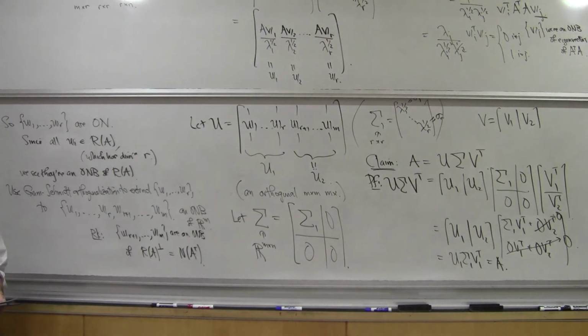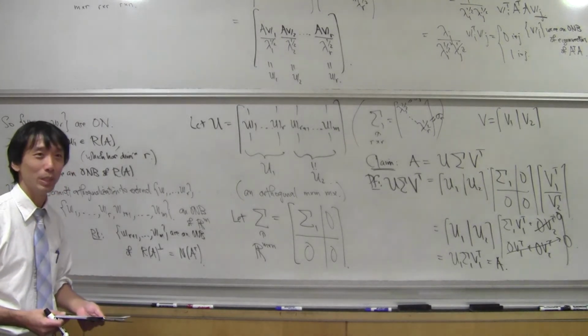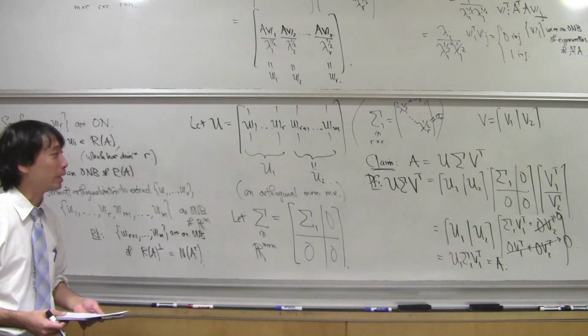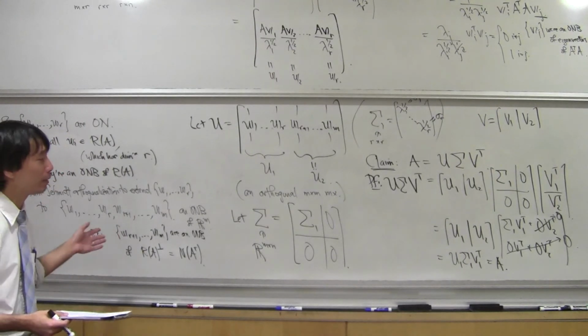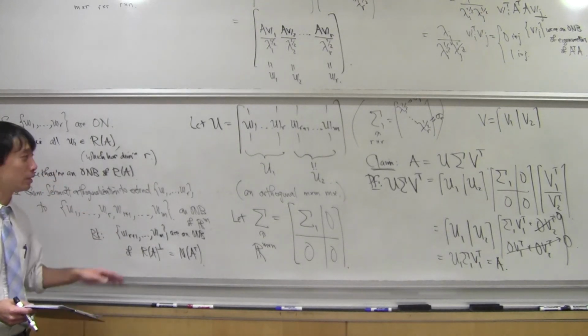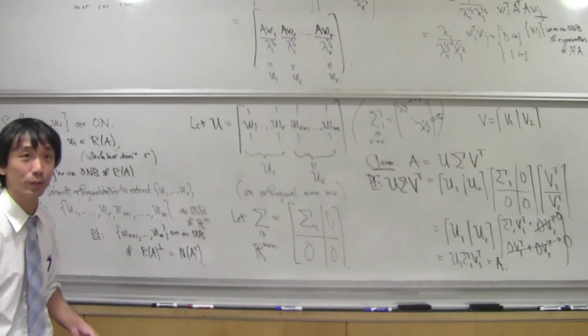Wait, why don't we just find the compact one? Yeah, the compact one actually contains much of the useful information. Okay, but you'll see that the full-blown one we can actually use to get some useful result.